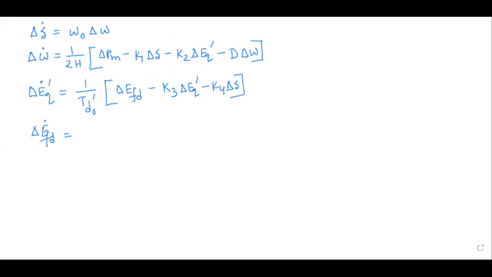Or simply we can write KA over TA del VREF minus K5 del delta minus K6 del EQ prime minus 1 upon TA delta EFD. And we don't include the PSS term for the time being.